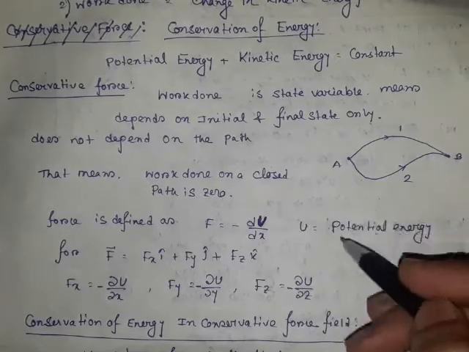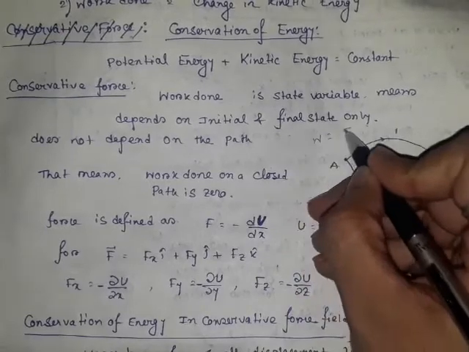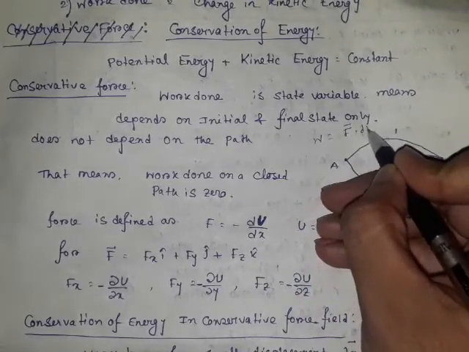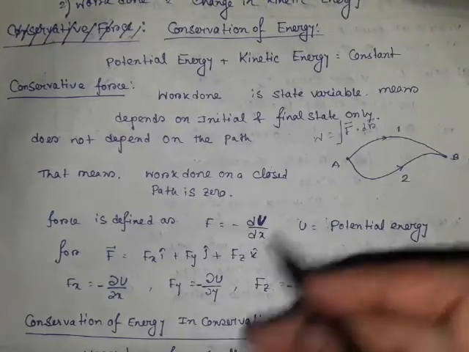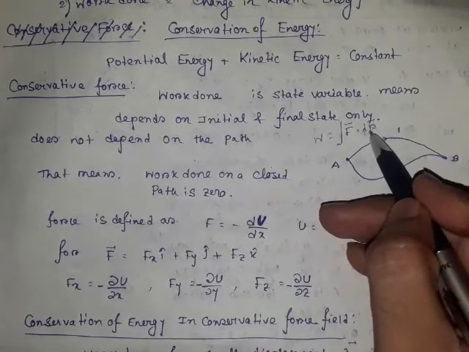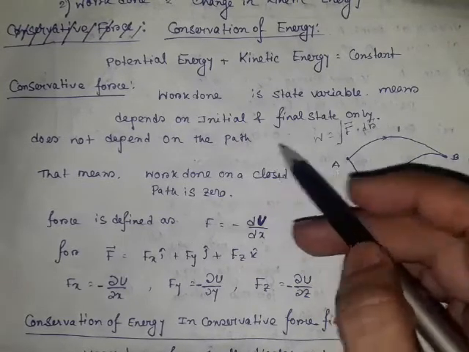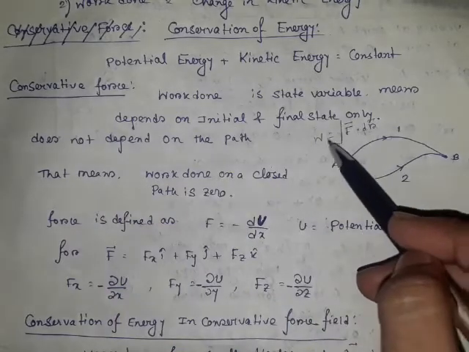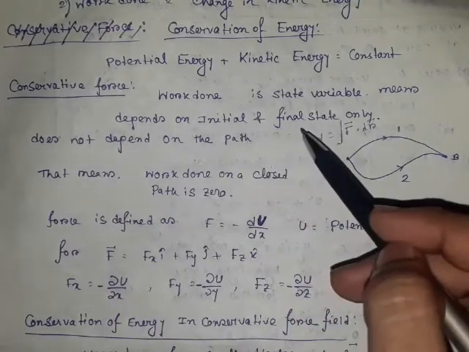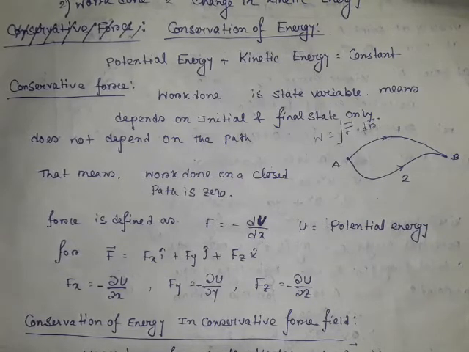As we know, work done W equals the integral of F dot dr, so it depends on dr, which means it depends on the path. But for a conservative force, work done depends only on the initial and final positions, not on the path. That type of force field is called a conservative force field.